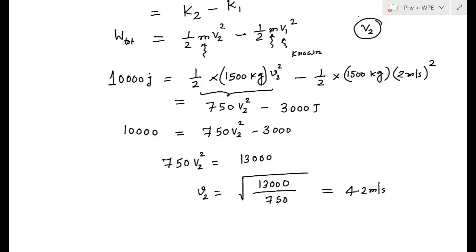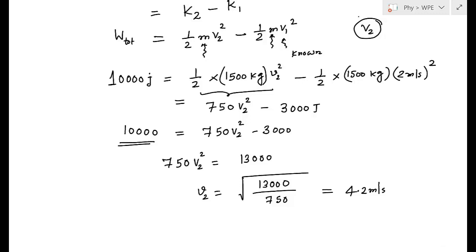Two points are important. The first point is the work done: this work is done on the sledge. That's why we have taken this work done as positive. If I say this is the amount of work that is done by the sledge, then I have to consider this as negative. So this is the work done on the sledge, that's why we have taken it as positive.